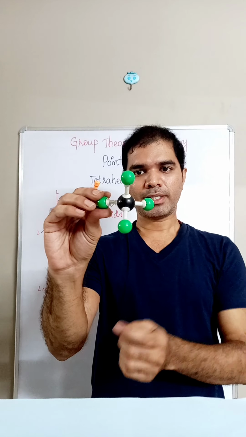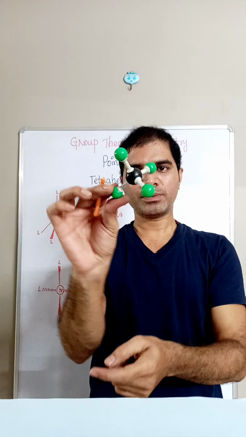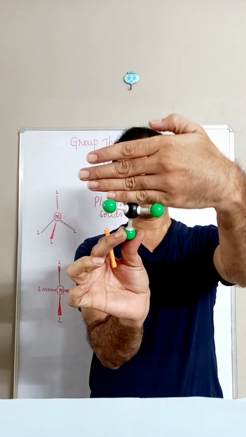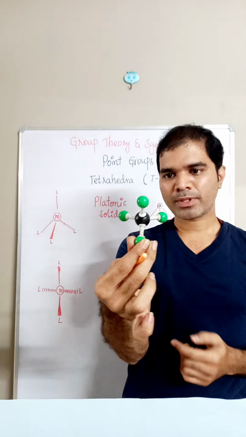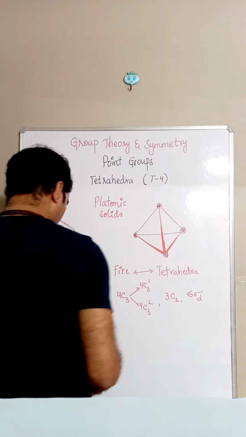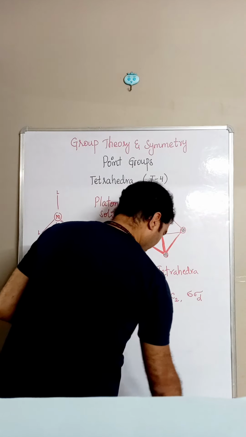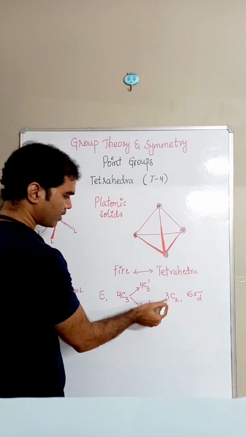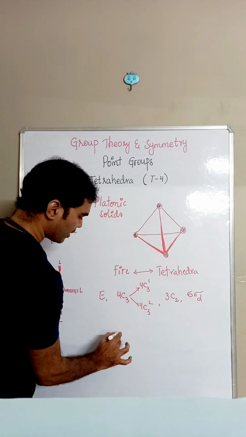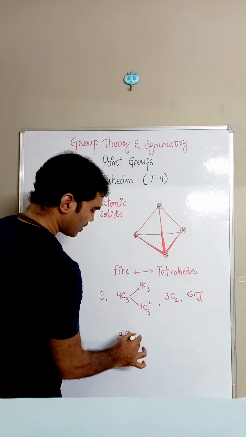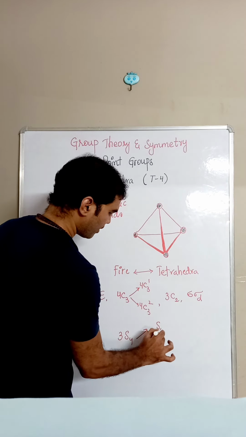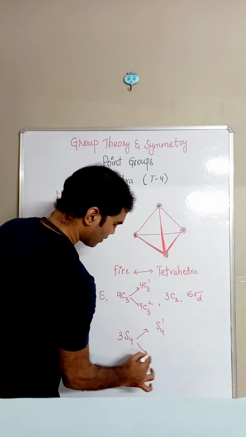I am repeating it here. Take the reference of these two, rotate by 90 and pass a plane perpendicular to it. That will produce an equivalent configuration. Each of these S4 is collinear to a C2. What it means is there are 3 C2s, therefore we should have 3 S4s. And each of these S4 will produce S4¹ and S4³.